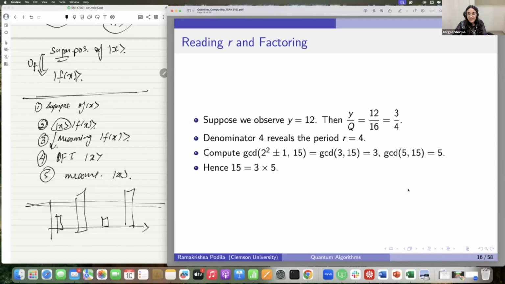Okay, so this was one very simple example to show how you can use the power of quantum superposition to, let's say, design an algorithm to solve things faster than what you would do on a classical computer.